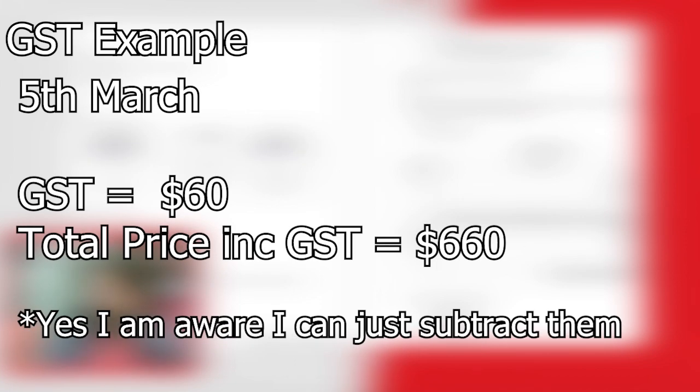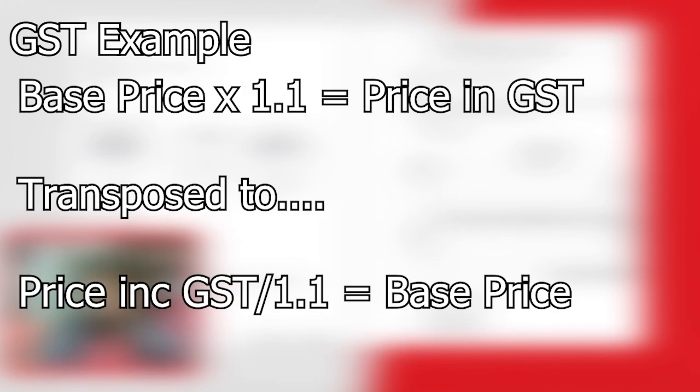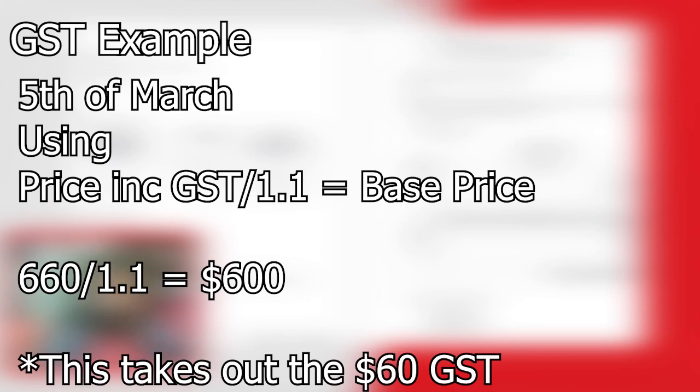Next, in the 5th, you see here we've got GST 10%. Total price including GST is $660. So the way to get GST out is 660 divided by 1.1, which takes just the GST out and gives us the base price. And that would be 600.